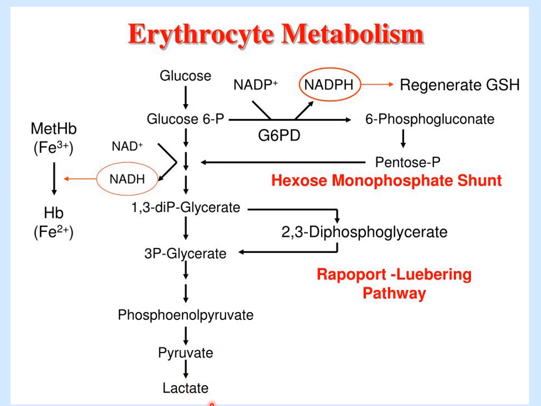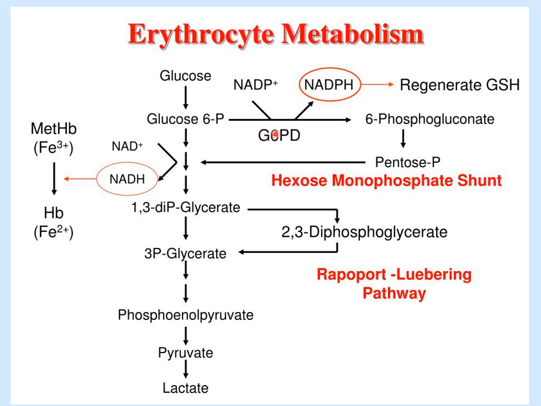Glucose is catabolized to lactate. At the same time, in erythrocytes, the pentose phosphate pathway is very active. The pentose phosphate pathway is illustrated here. Glucose 6-phosphate to pentose phosphates. The pentose phosphate pathway, or hexose monophosphate shunt.